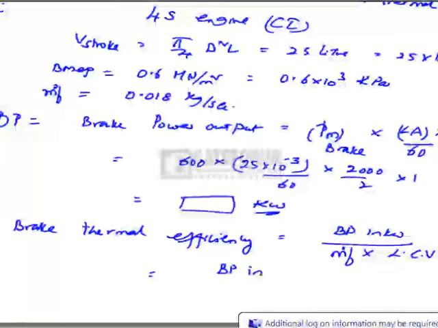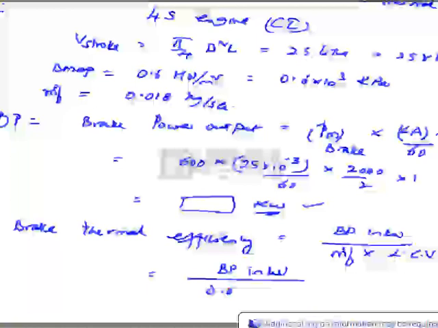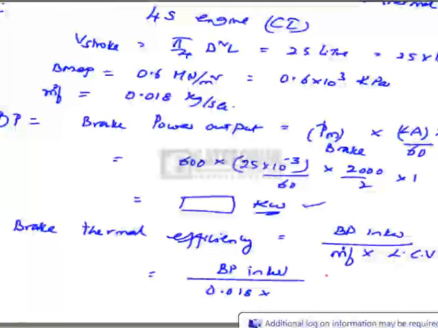BP in kilowatts, which is already calculated earlier, divided by the mass consumption rate of the fuel, 0.018, times the calorific value of the fuel, given as 42,000 kilojoule per kg. This gives the brake thermal efficiency. It is around 20 to 25%. That is the usual range of brake thermal efficiencies of CI engines.